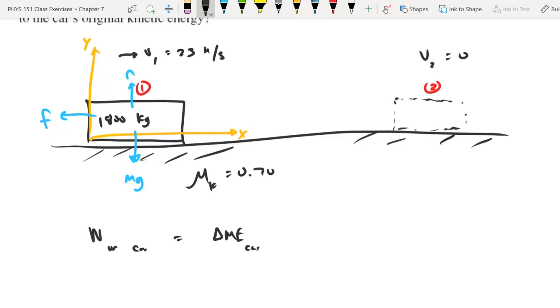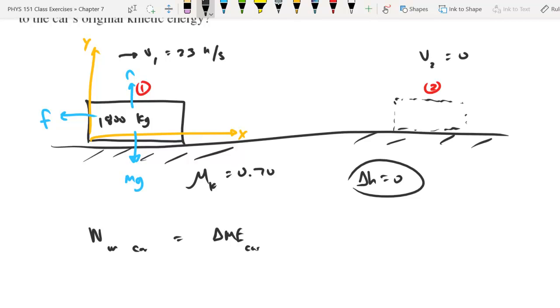We can simplify this down a little bit based on what we see. There's no height change, so delta h is equal to 0. Gravitational potential energy is related to a height difference, but there's no height change, so there's no change in gravitational potential energy. There's also no springs, so we don't have any change in elastic potential energy either.